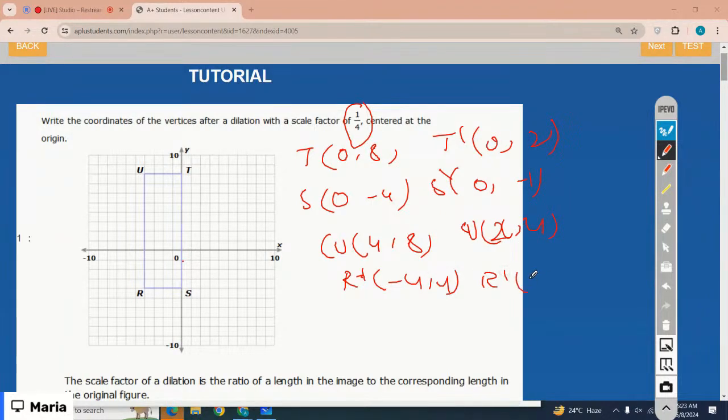R dash is negative 1 and 1. So here are the coordinates of the dilated image. When you multiply by the fraction, they are getting smaller. So the dilated image is smaller than the original one, right? That's how you can find the coordinates of the dilated image.